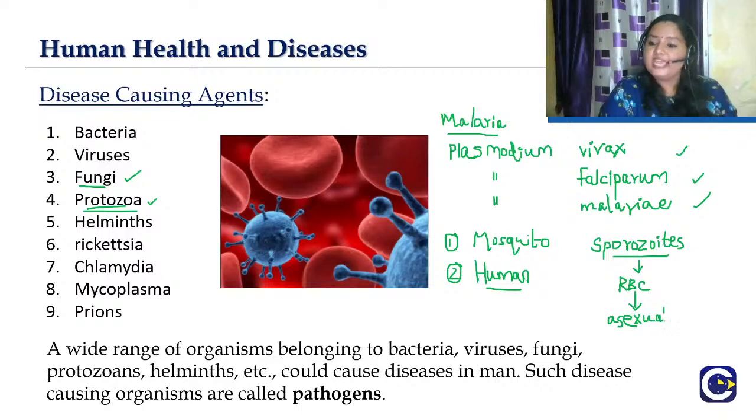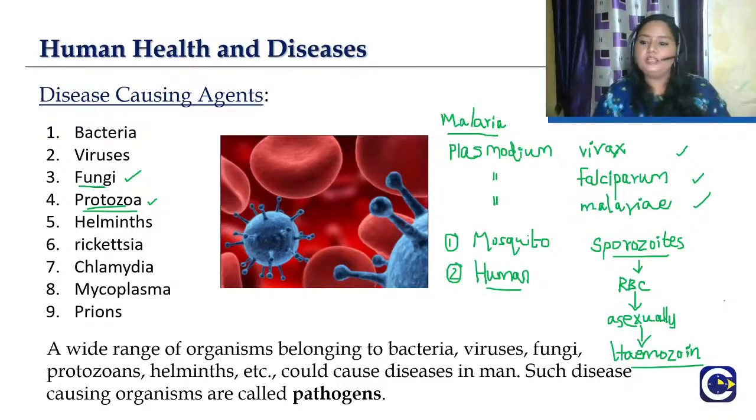When they reproduce asexually, they produce a chemical called hemozoin. Hemozoin is a toxic chemical produced by this Plasmodium strain inside our human body. When this hemozoin is produced, this toxic substance immediately increases our body temperature and we get shivering.